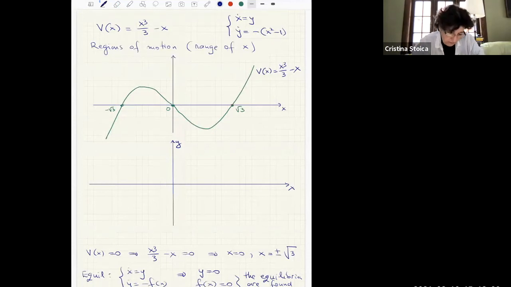So it will have minus 1 here and 1 here. And these are basically the critical points of the potential that give us the position of the equilibria.